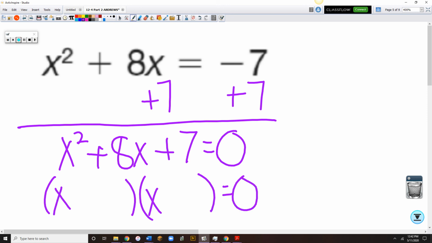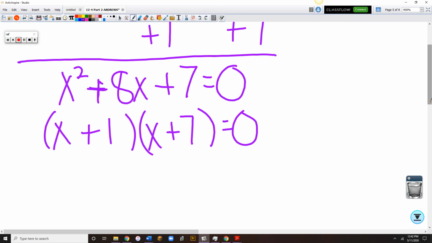Plus in front of the 7 means the signs are the same. Plus in front of the 8 means they're both plus. 1 and 7 multiply to 7 and add up to 8. And I get solutions of x equals -1 and -7.